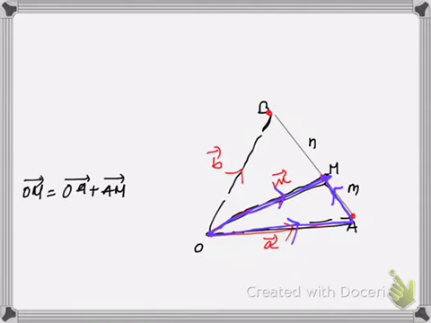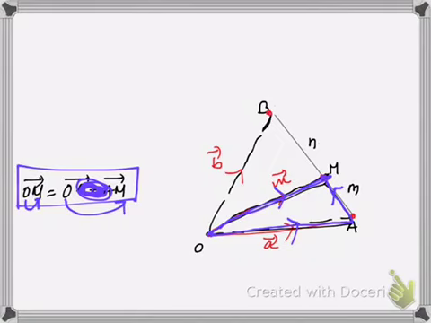So according to the triangle law of vector addition, we can write OM is equal to OA plus AM.